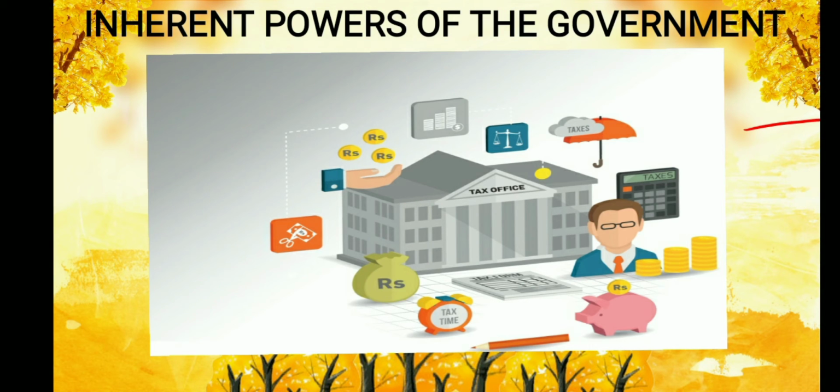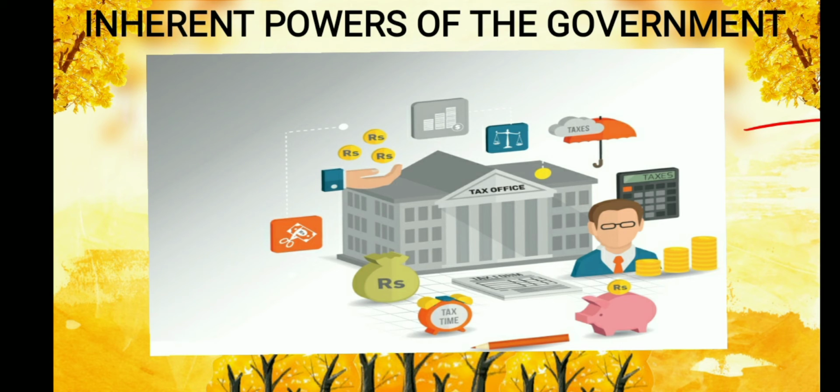Next, we have the inherent powers of the government. First is police power, the authority of the government to regulate the acts of individuals even in the absence of law for the benefit and protection of public welfare.